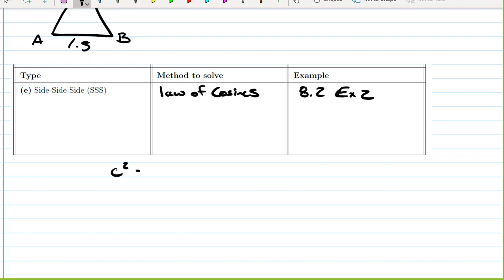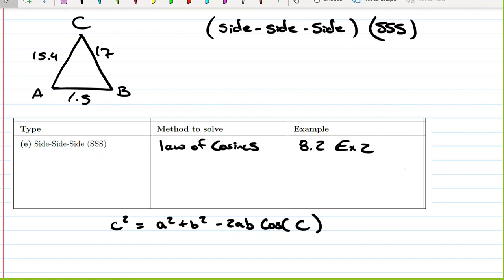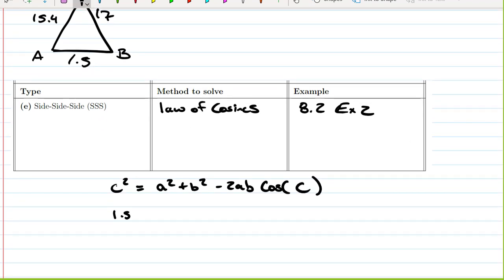So we have c squared is equal to a squared plus b squared minus 2ab times the cosine of c. So that gives us 1.5 squared is equal to 17 squared plus 15.4 squared minus 2 times 17 times 15.4 times the cosine of c.